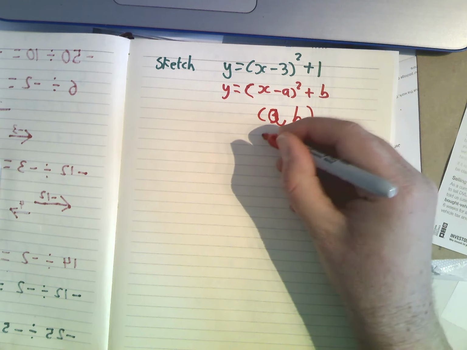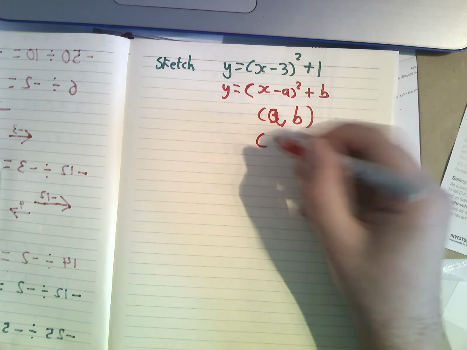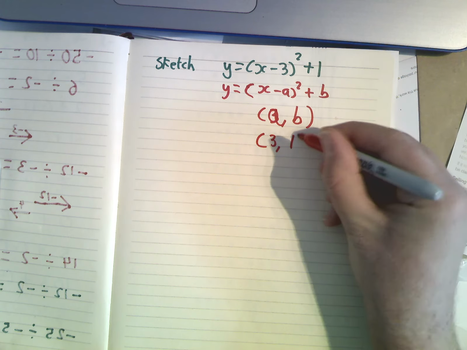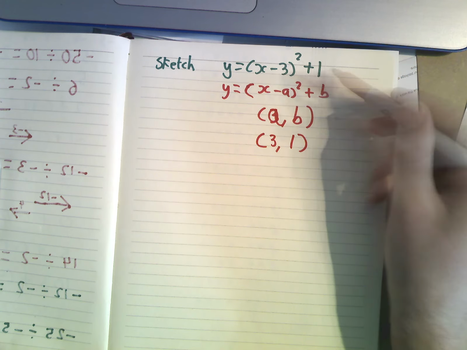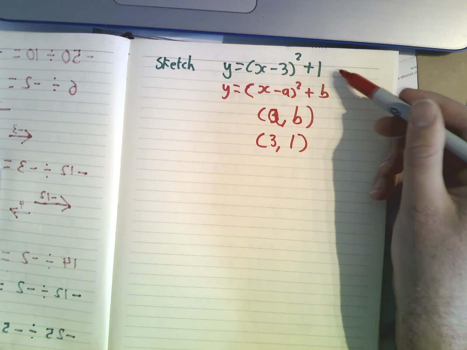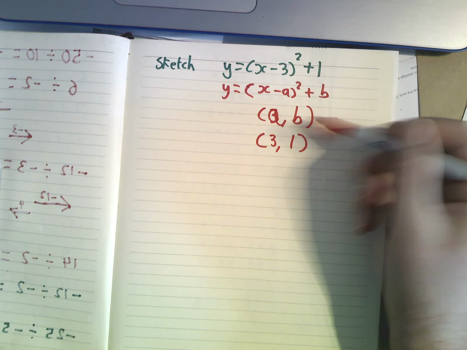So as I sort of gave away there, the turning point for this particular question, a would be 3 and b would be 1. Okay, so again, we're just seeing that this matches this form, (x minus a) squared plus b. It is in that form. And so because of that, we can work out the turning point really quickly.